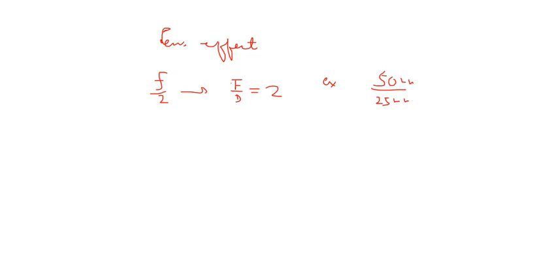Now, the smaller the f number, for a given focal length, the larger is the diameter of the lens.